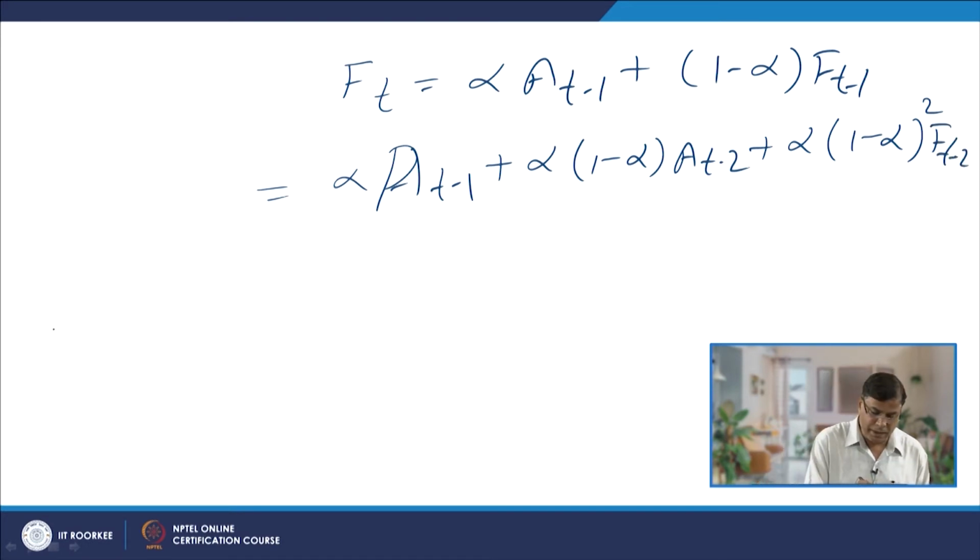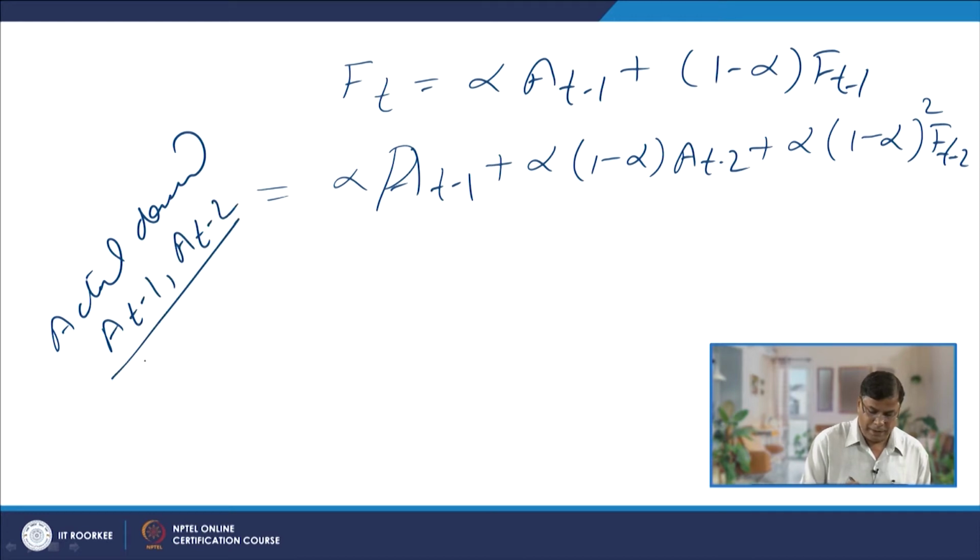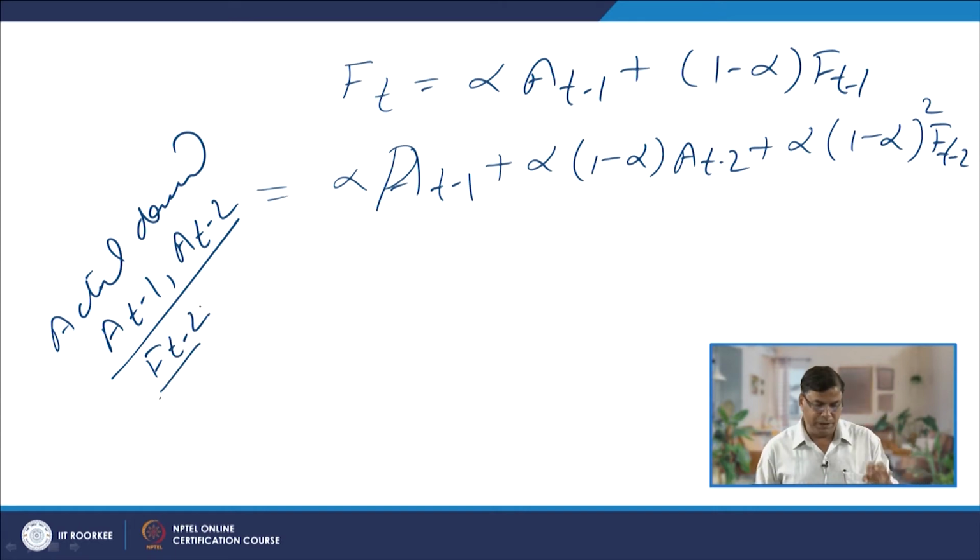This is the case when the actual demand of the previous two periods, A_(t-1) and A_(t-2), and the forecast of the F_(t-2) period is being used.